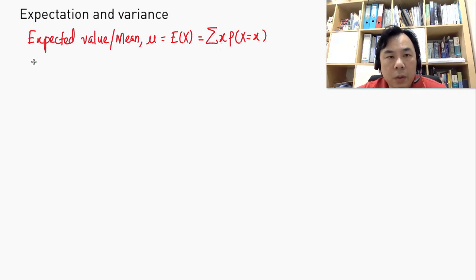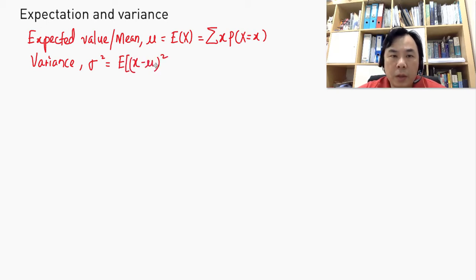Now, secondly, we also have the variance. Variance is given by this symbol here, and the original definition for variance is actually equal to this one here. Now that is actually the definition for variance, and of course that can be simplified further into this.